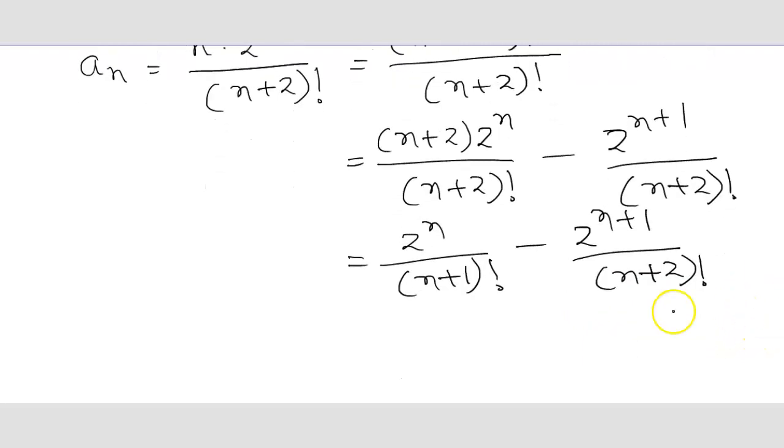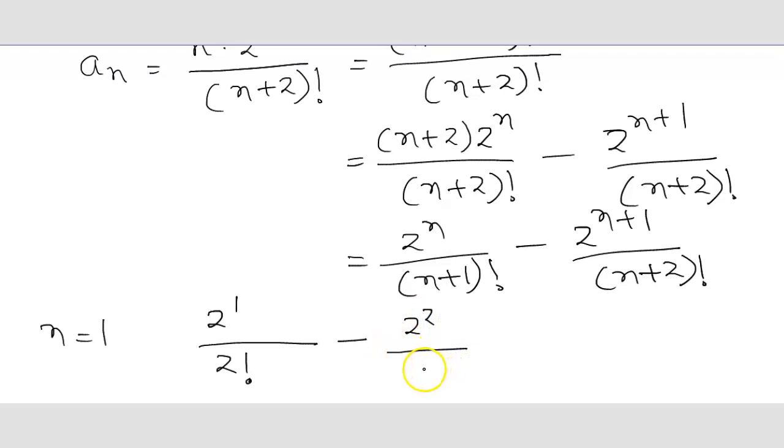Okay, now if we put n equals 1, what will be the result? The result is simply 2 to the power 1 by 2 factorial minus 2 square by 3 factorial, right?